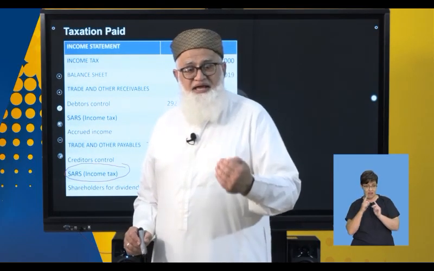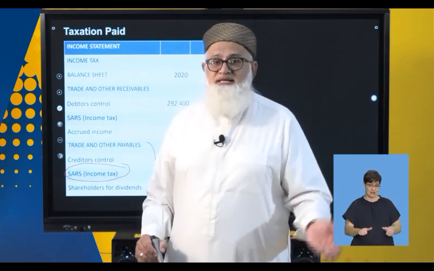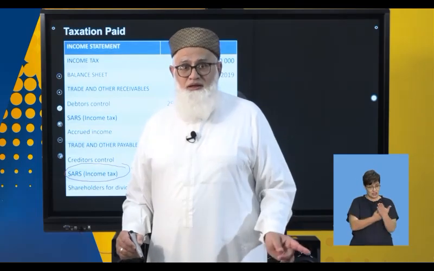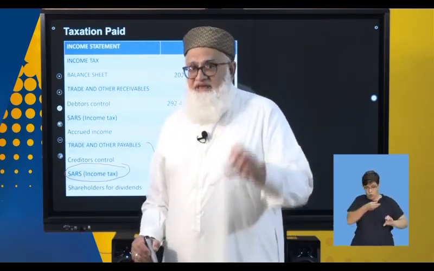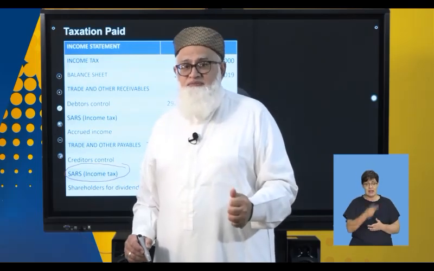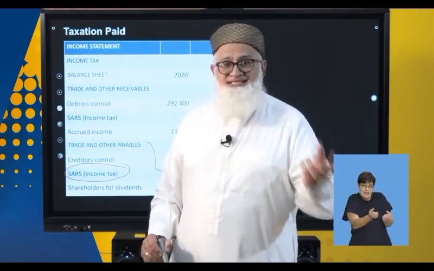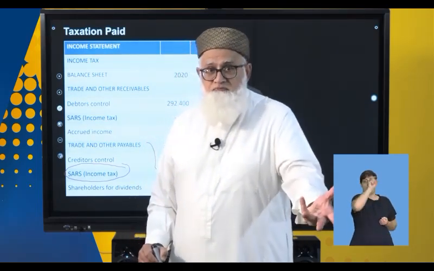Does this answer my initial question? What type of an account is SARS income tax? For balance sheet purposes as well, please make sure that you place it correctly. If it ends off with a debit balance, it appears under trade and other receivables. It's a debtor. SARS owes us. We've overpaid the amount.